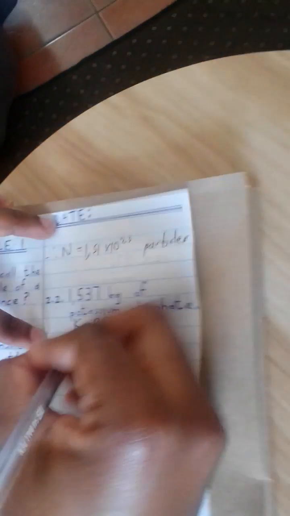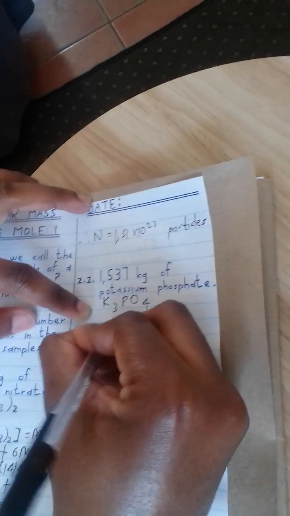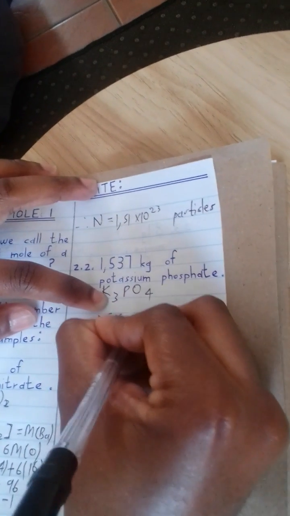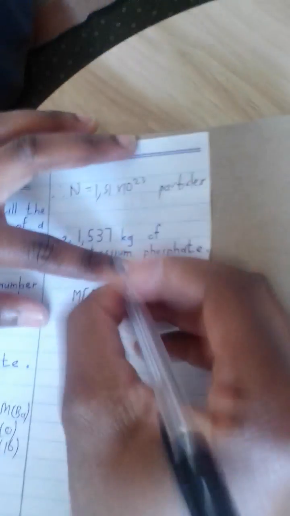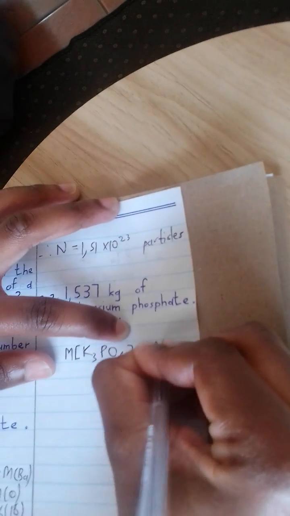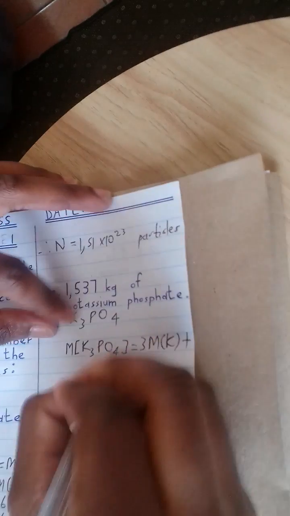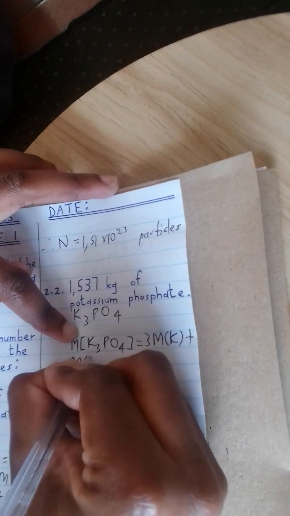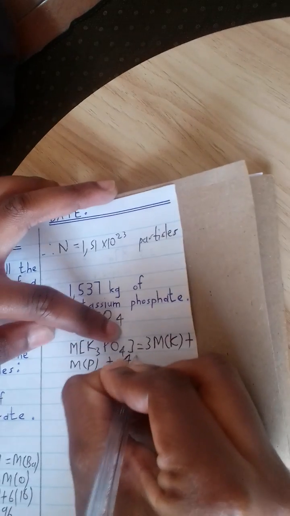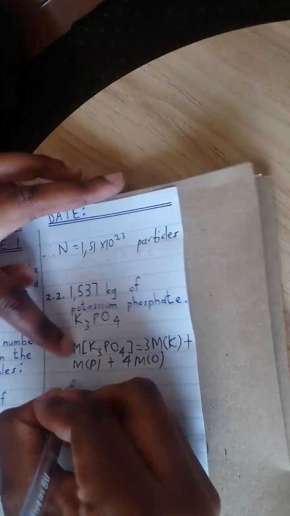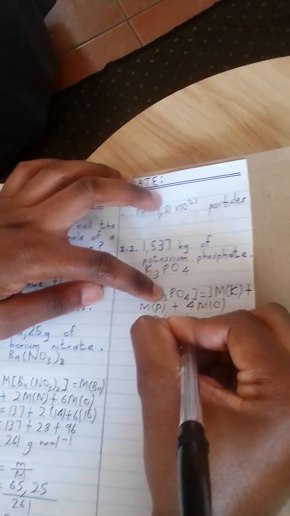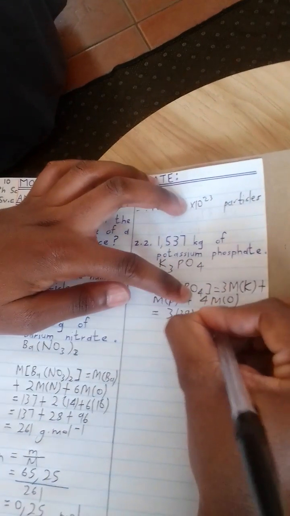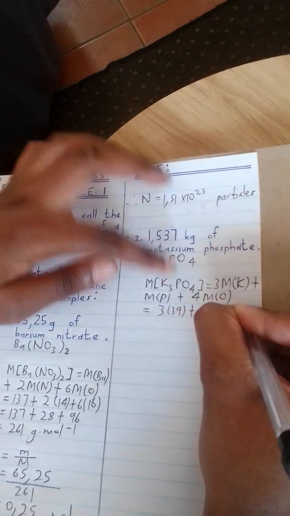So the molar mass of K3PO4 is 3 times the molar mass of potassium plus molar mass of phosphorus plus 4 times the molar mass of oxygen. What is the molar mass of potassium? 39, plus molar mass of phosphorus is 31, plus 4 times the molar mass of oxygen, 16.